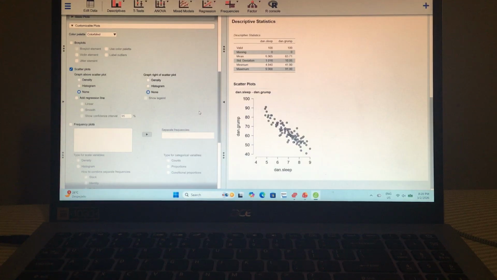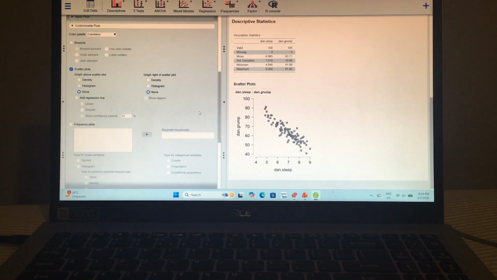So let's double check it against figure 11.6 on page 9. It looks exactly the same. We have our scatter plot of Danny's sleep versus Danny's grumpiness. The relationship between Danny's sleep and Danny's grumpiness does appear to be linear.